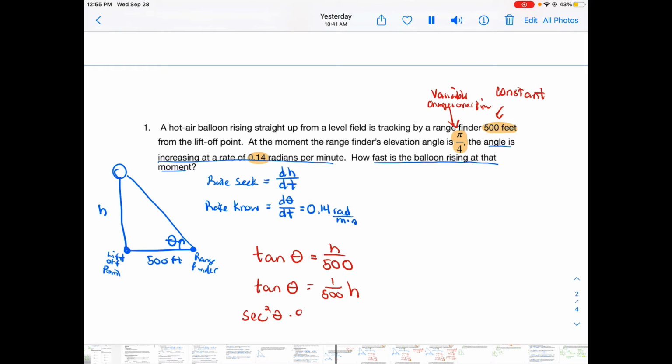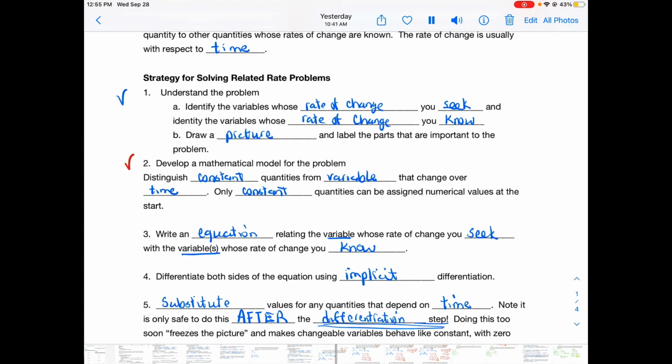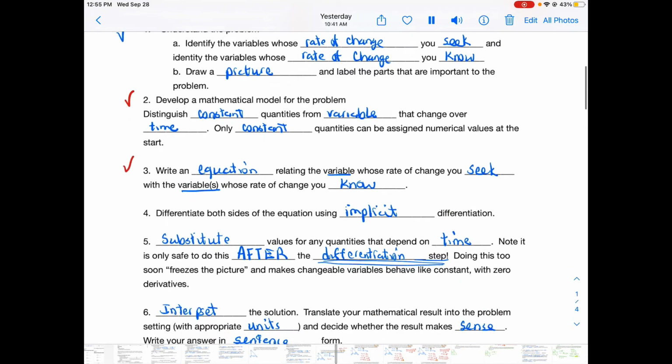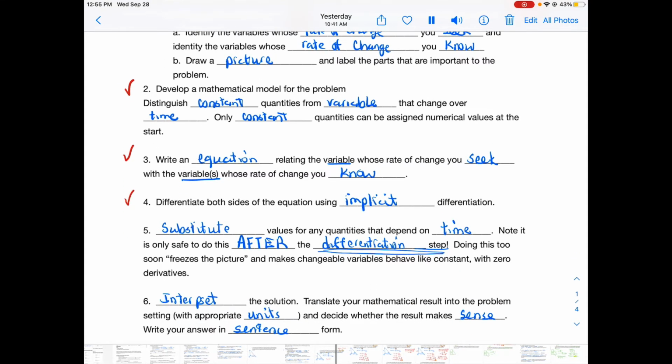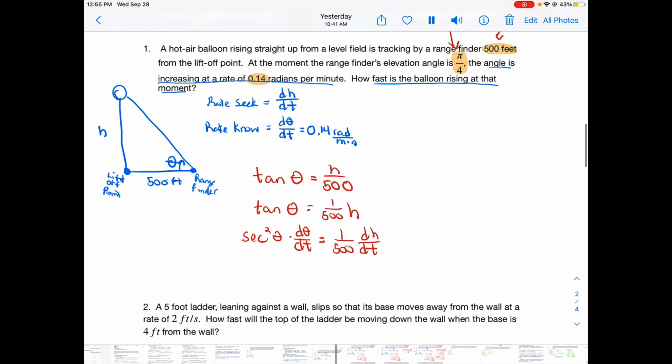So the derivative of tangent of theta is secant squared theta times d theta dt, because theta is not the variable t. And the derivative of 1/500th h is 1/500th dh dt. Now that I've found the derivative, this is where I can start substituting in the values I know. So let's see.